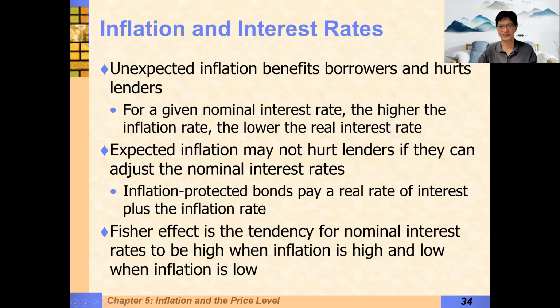Those are bonds that will pay an interest that is adjusted according to what the inflation rate was. So if the inflation rate was high, the bond will pay more. If the inflation rate was low, the bond will pay less. It's inflation adjusted bonds. They are not affected by changes in inflation. But this is not common. Most bonds, most loan contracts, they have fixed nominal amounts.